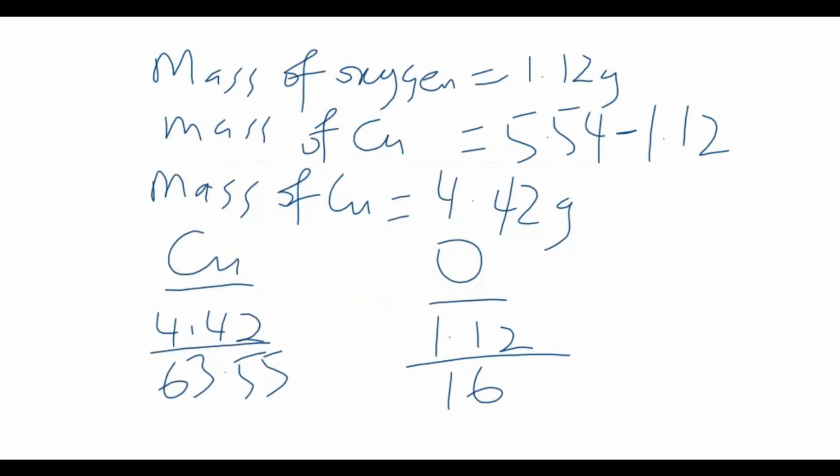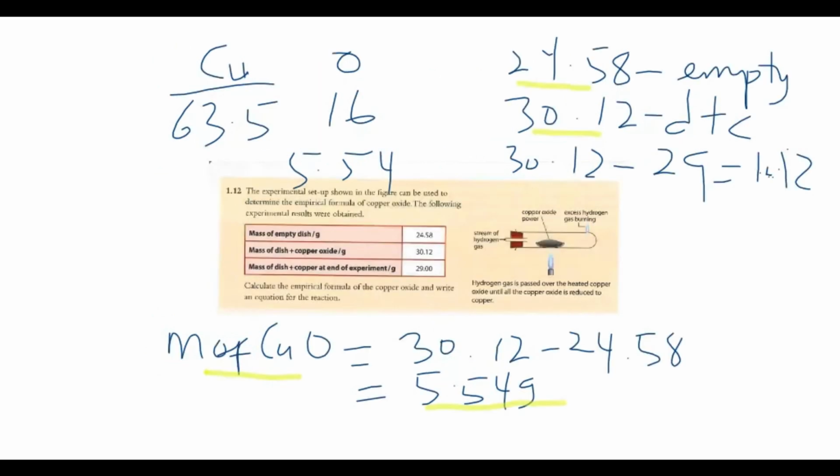We have to find the mass of oxygen. Now remember we said that in the reaction, oxygen is going to escape. But since we have the mass of copper oxide, we can always find the mass of oxygen, especially when we have been given this important information.